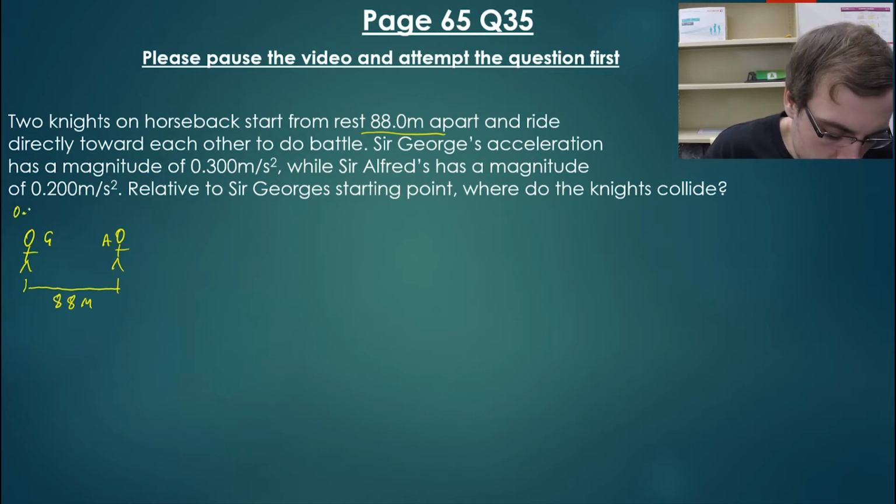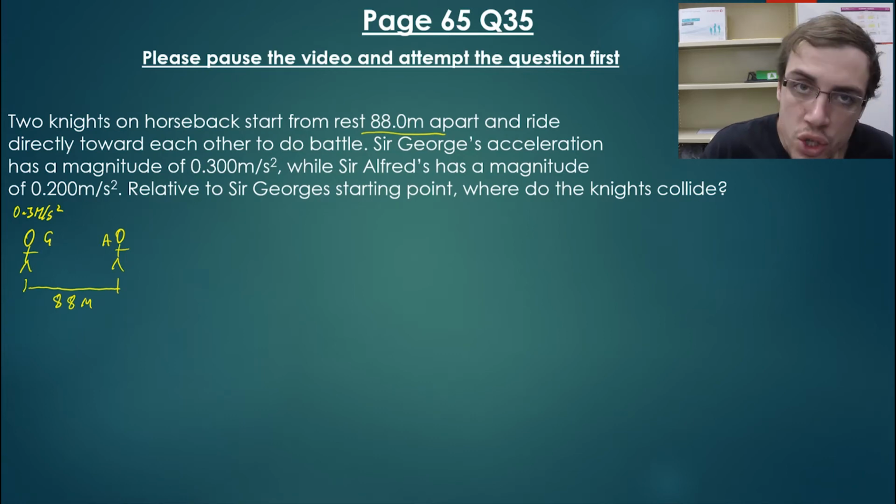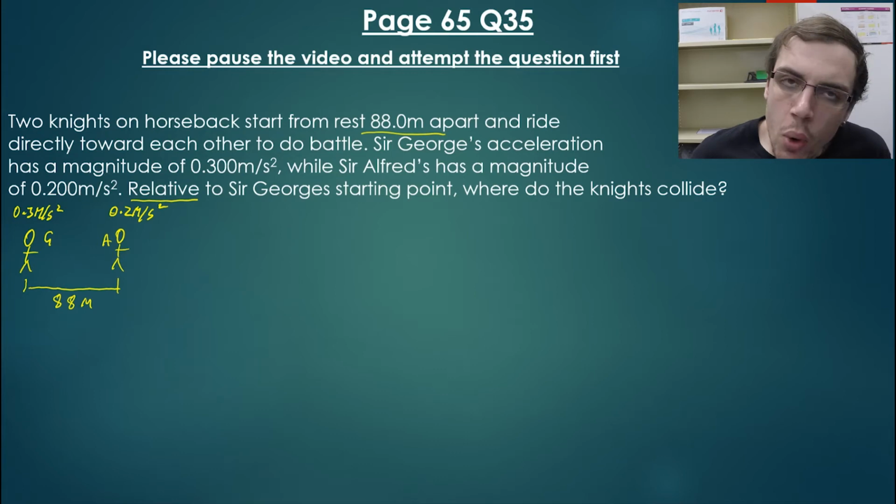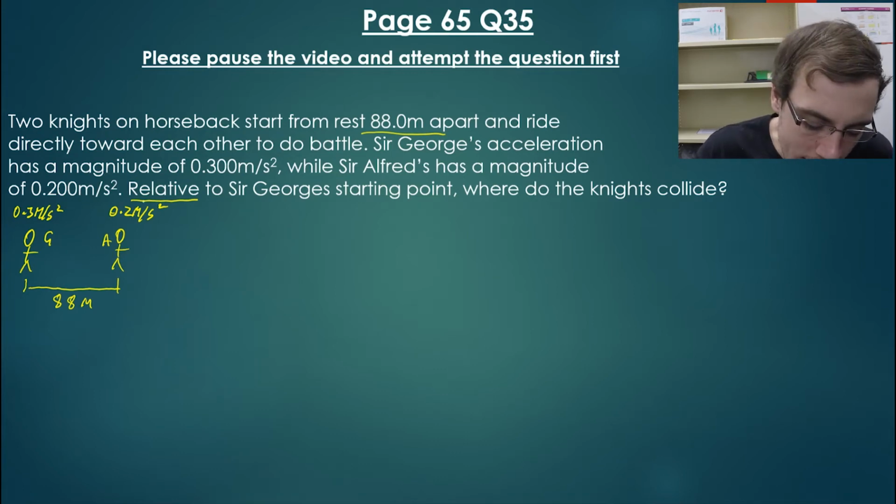While Sir Alfred has a magnitude of 0.2 meters per second squared. So relative to Sir George's starting point, where do the knights collide? So they're both charging towards each other. Whereabouts do they clash?